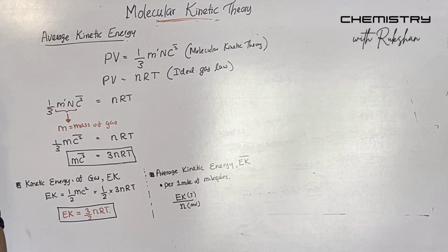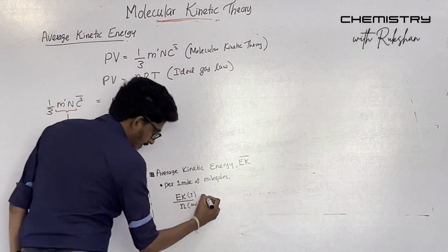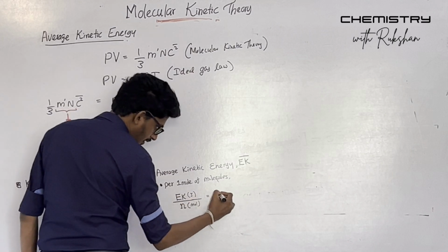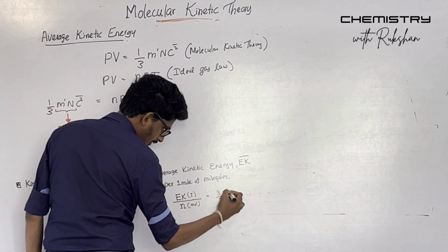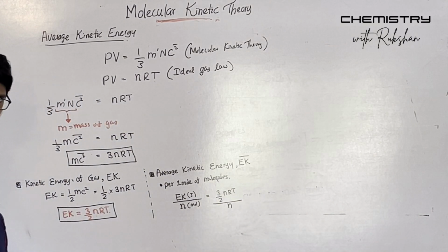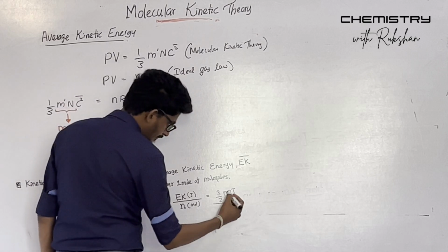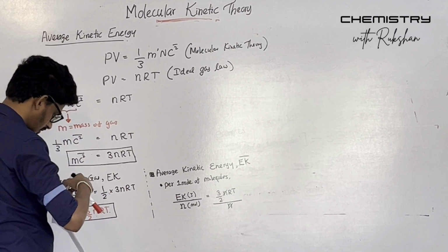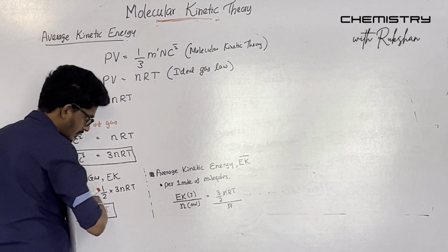That is equal to the kinetic energy, written here as 3 by 2 n R T, divided by the number of moles n. So the n will cancel off.